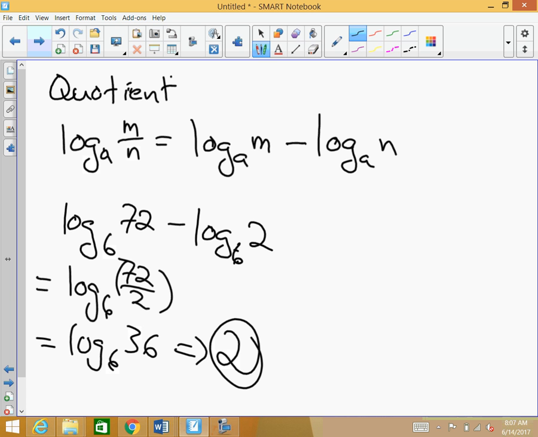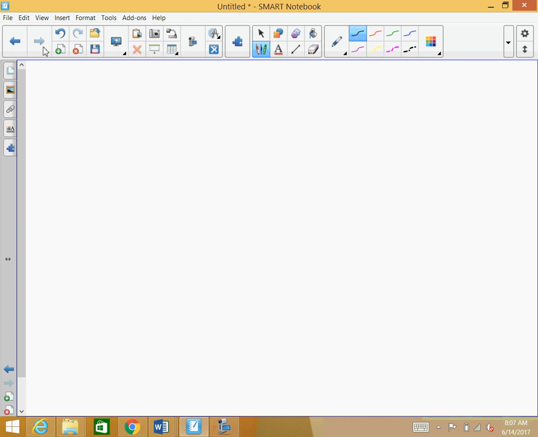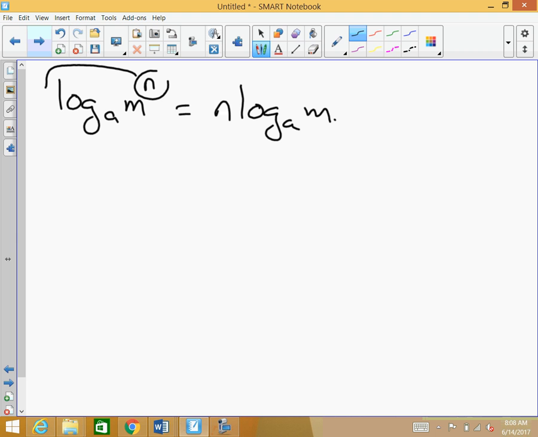All right. One more law we have is the power of a power, and I've kind of already gone over this one. So if we have log_a (m to the n), it's the power of a power law, it's going to be equal to n log_a m. So, like I said before, this just kind of moves here, which is actually super, super handy for these types of questions.